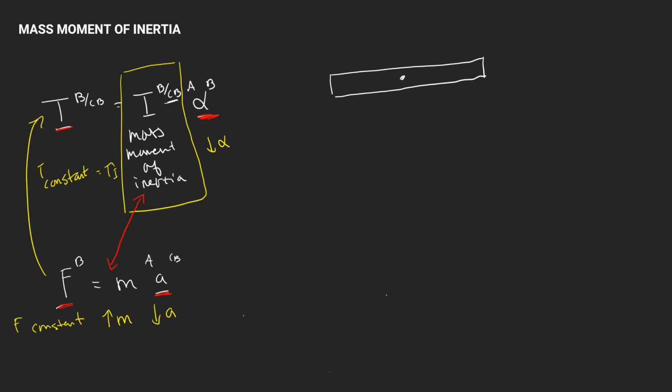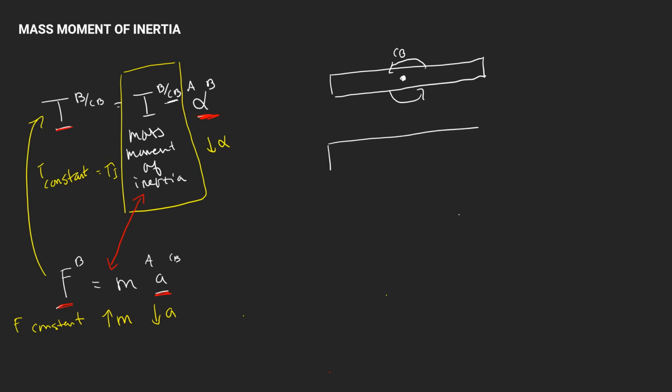Even though the center of mass is a point, what I'm actually referring to is the axis that passes through this point. For example, if this is our center of mass, you can think of the axis of rotation as the axis that passes through this point and sticks out of the page. This is always going to be true because we're working in 2D. So really, I'm rotating this object about an axis.